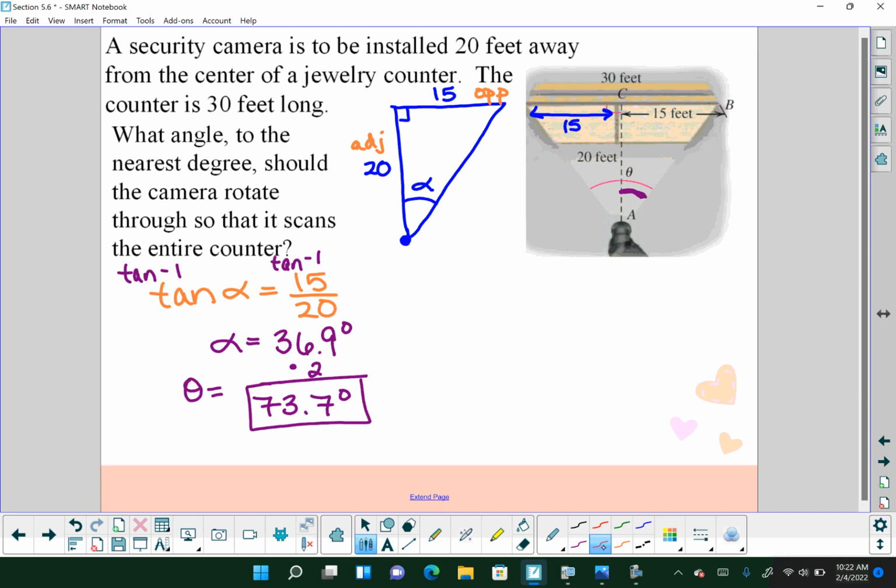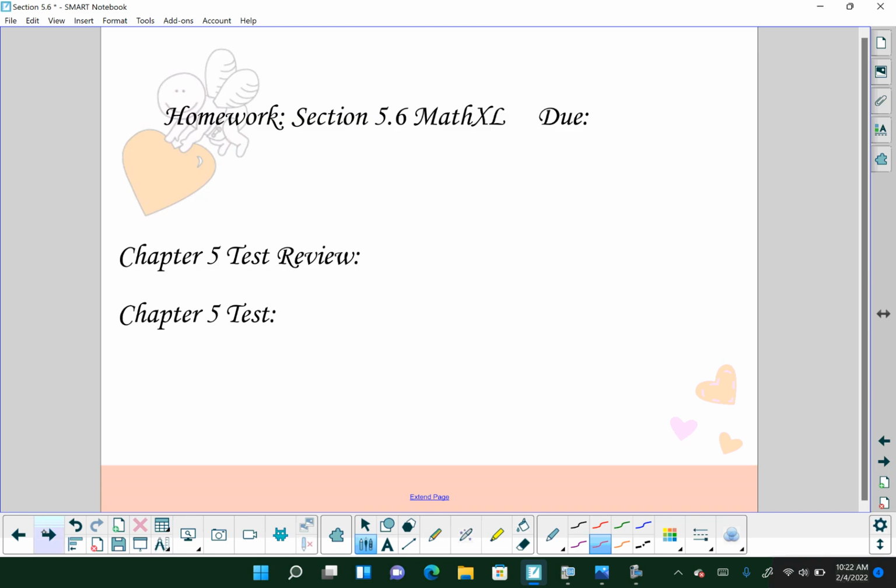So tomorrow when you come to class, we will have a Math XL workday. Your 5-6 Math XL is going to be due on Tuesday night. But again, tomorrow in class is a Math XL workday, so you'll be able to work on that and ask questions on any part of this lesson that you had. Then on Wednesday, we're going to review for the first part of your test.